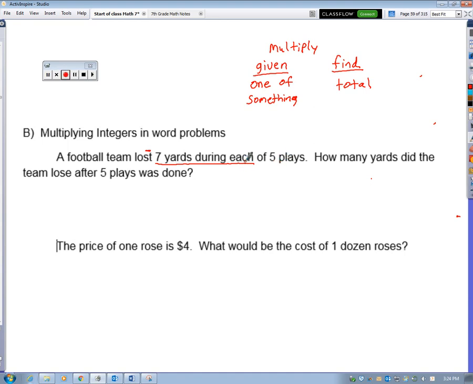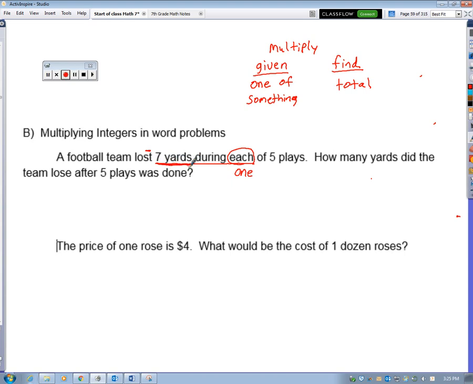Each is kind of our key word that means 1. Each also means 1. So they're saying they lose 7 yards during each play, during one play. That's our one of something. We're given the 7 yards.